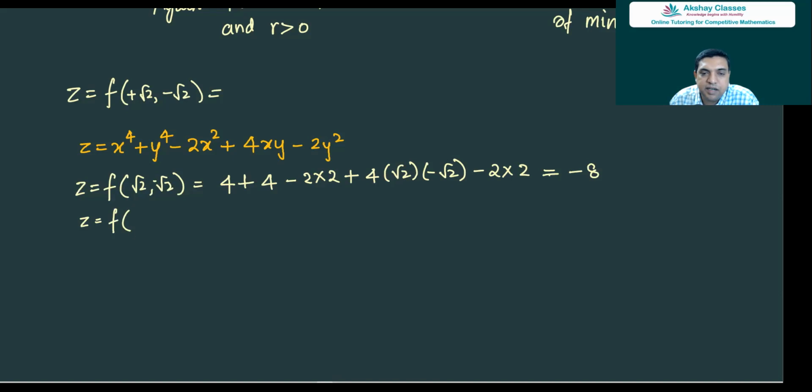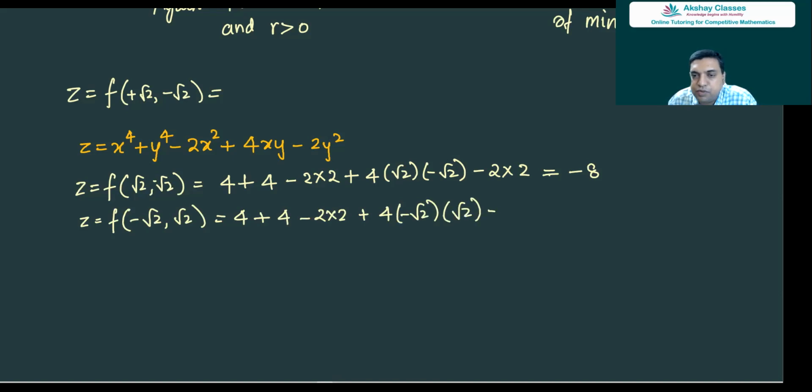So again, z = f(minus root 2, root 2), again the same: 4 plus 4 minus 2 into 2 plus 4 into minus root 2 times root 2 minus 2 into 2, which is minus 8.